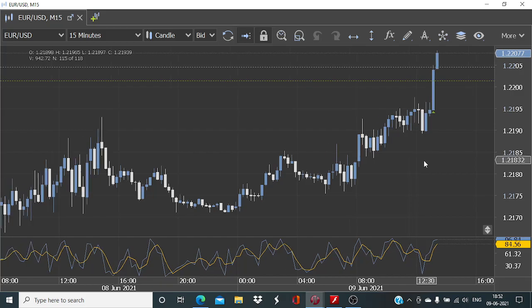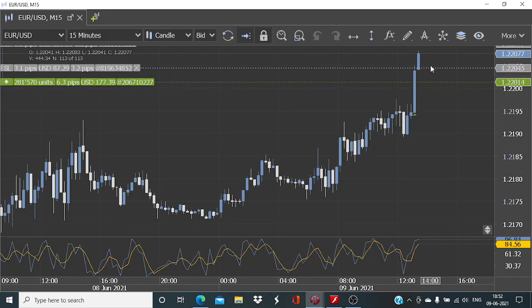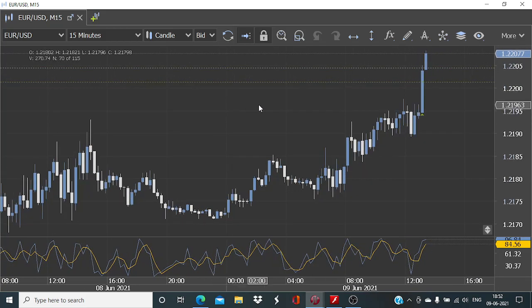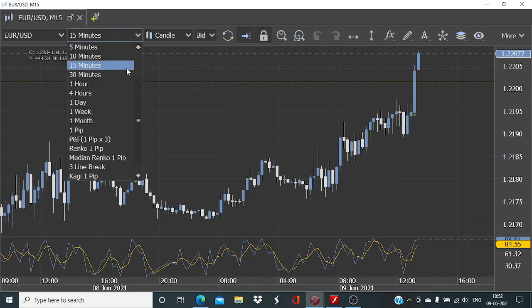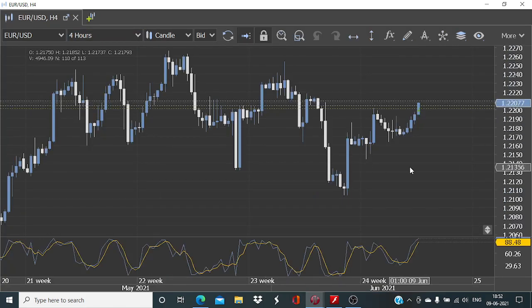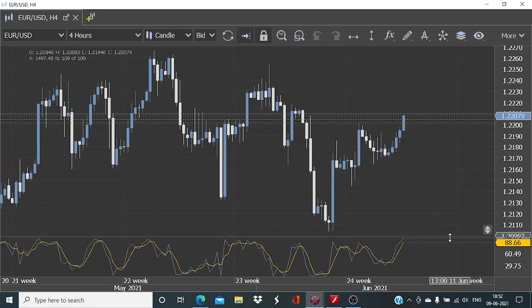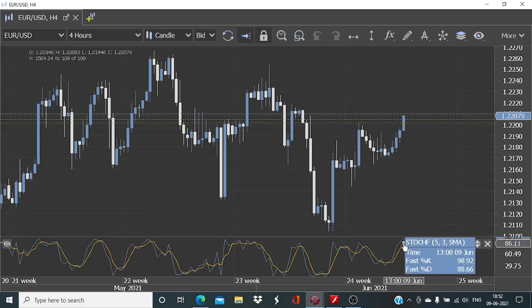This is my demo account. I think the algorithm might have generated some trade. Okay, so we will overlook it. Now we will have to change this to the 4 hourly time frame first, and here we want the stochastic fast values to be above 80, and not only that, we want the stochastic fast k to be declining, and it should be below fast percent d.